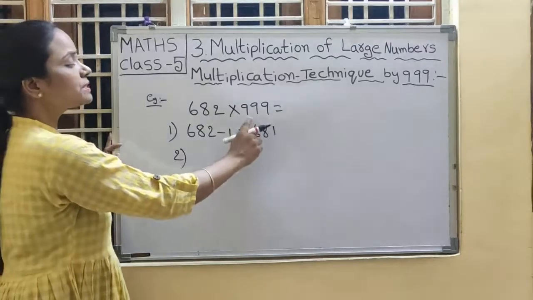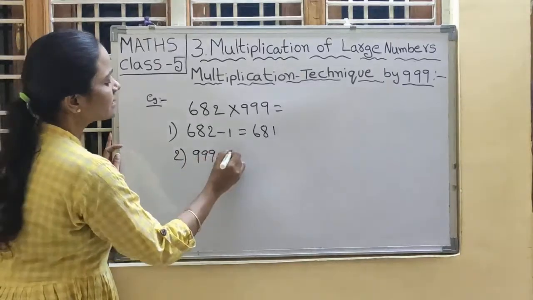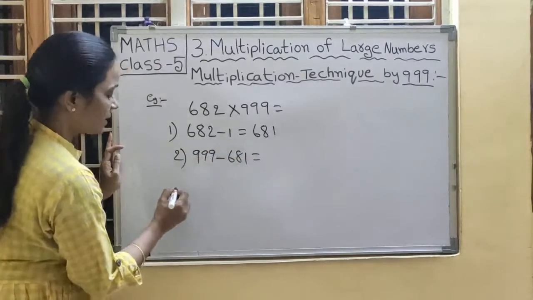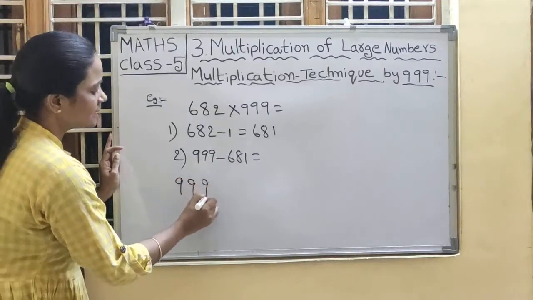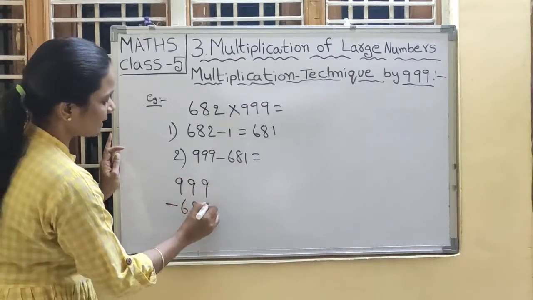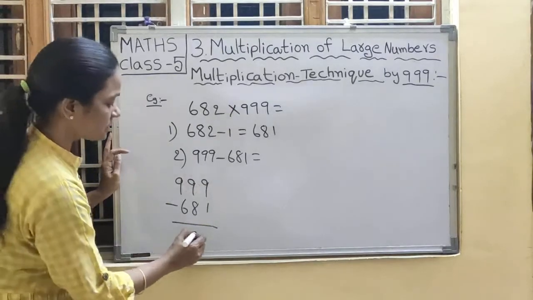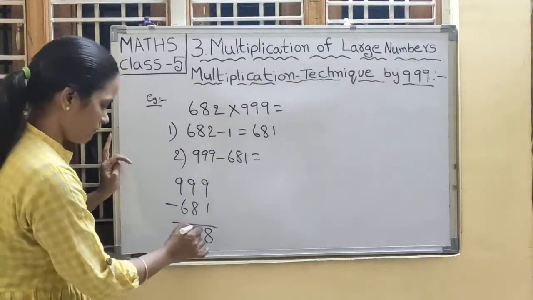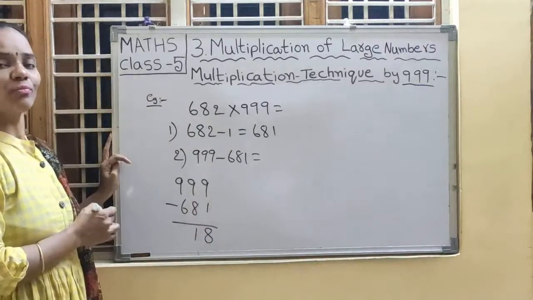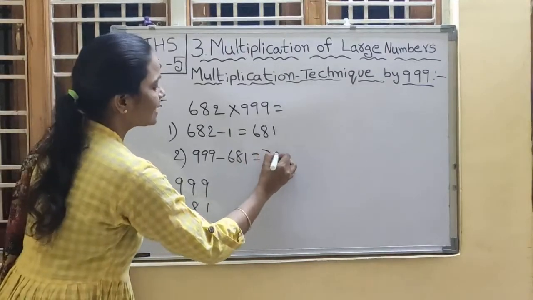This answer should be subtracted from 999. 999 minus 681. 9 minus 1, how much? Very good, 8. 9 minus 8 is 1. 9 minus 6 is how much, children? Very good, 3. So it is 318.